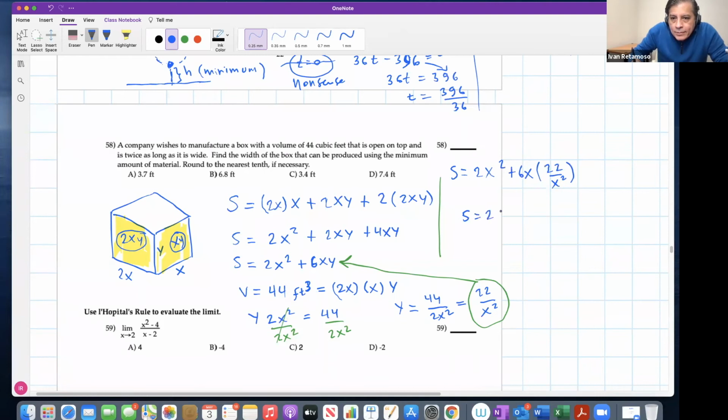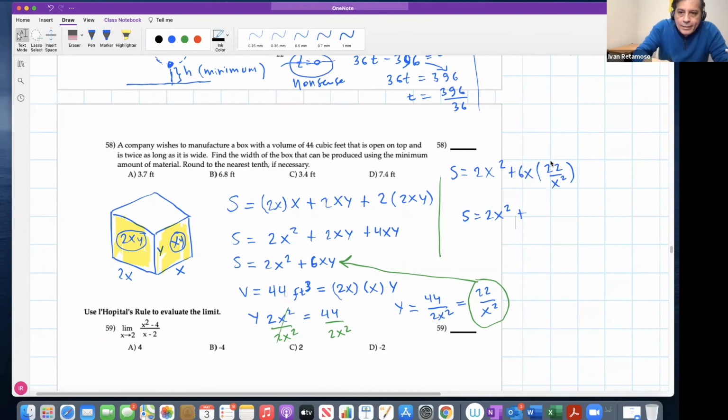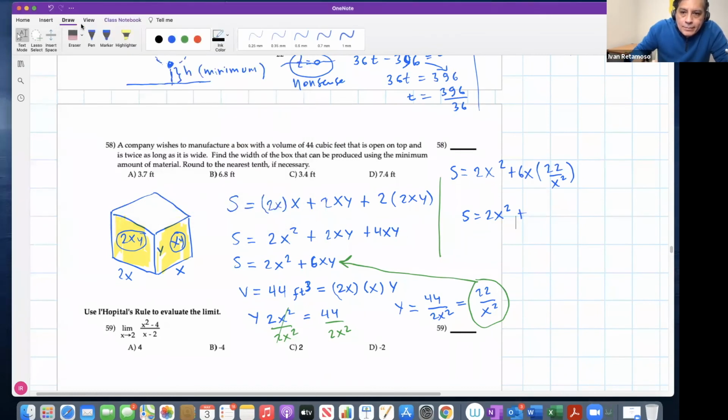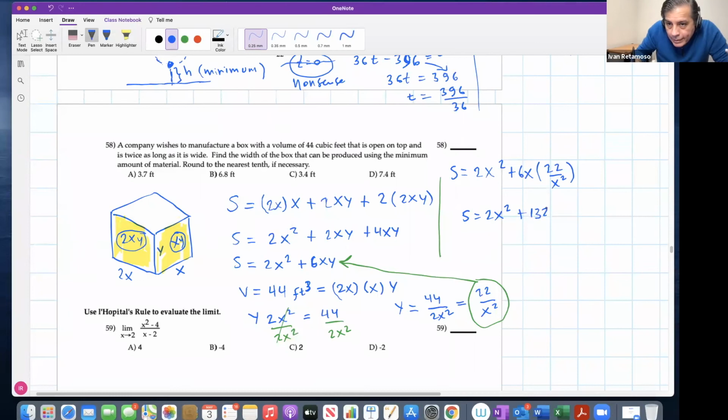That's S: 2x squared plus 6 times 22, which is 132. One x cancels, one x stays, but I'm going to write that x up here as x raised to minus 1. So this is the function that I have to minimize, to minimize the material. So set S prime equal to 0 and solve for x.